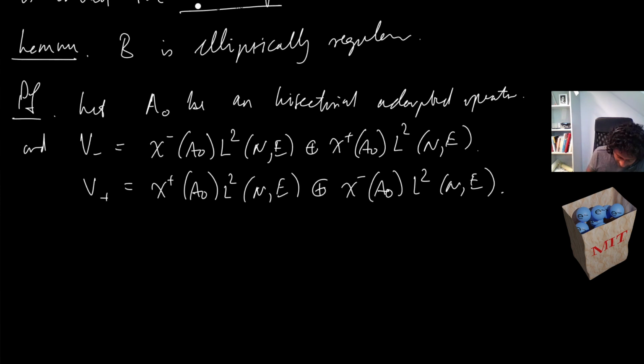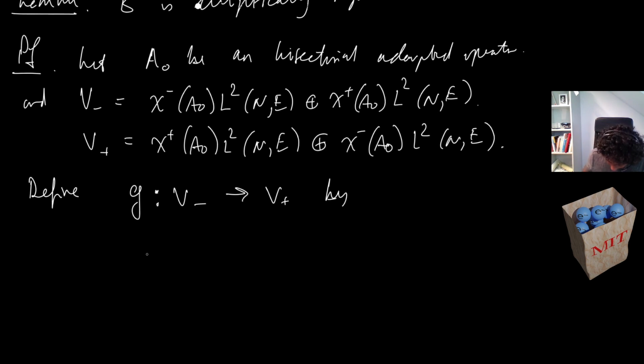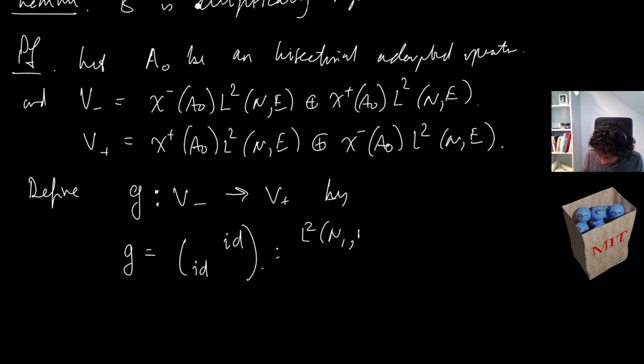So now we have to give a graph, define G equal to just the map. So this has to go from V minus to V plus by G equal to ID, with respect to L2 of N1 E plus L2 of N2 E going back into itself.